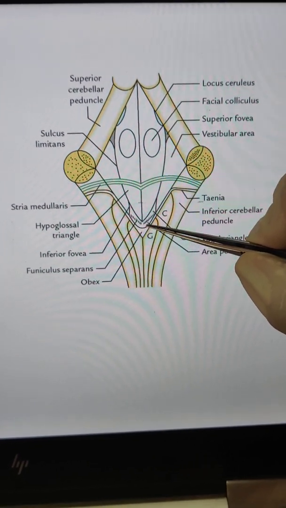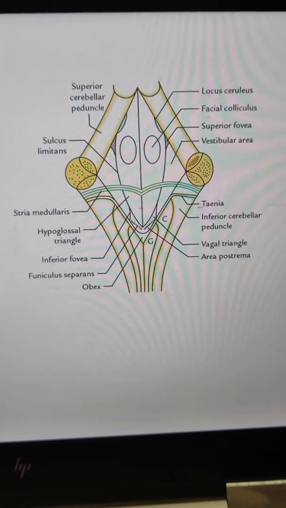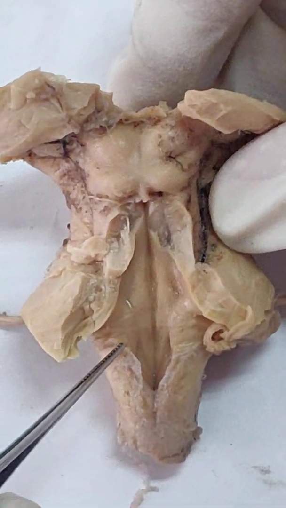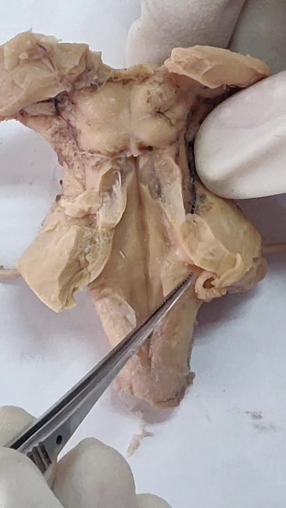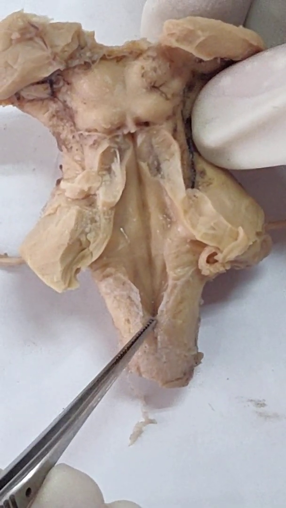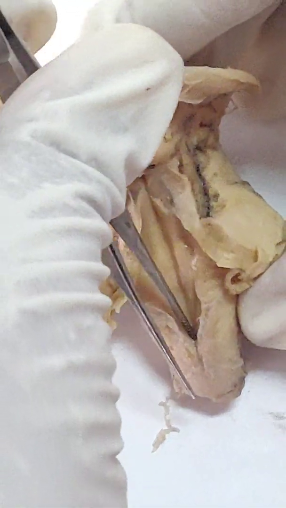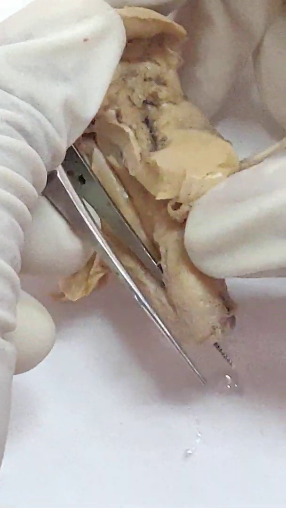In the specimen, you can see this is the taenia, and where both sides meet is called the obex. Just deep to the obex, the central canal starts. Here you can see this central canal.